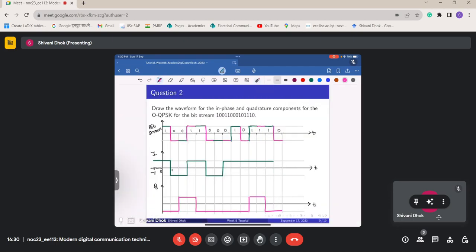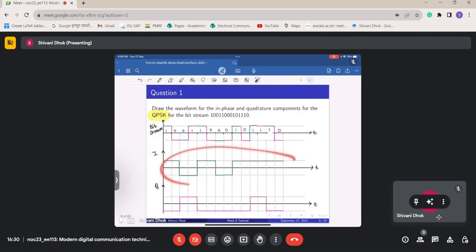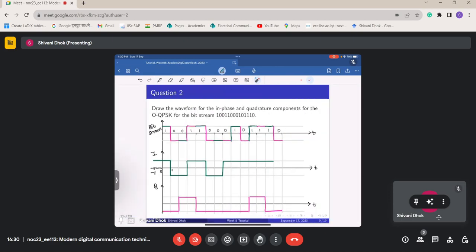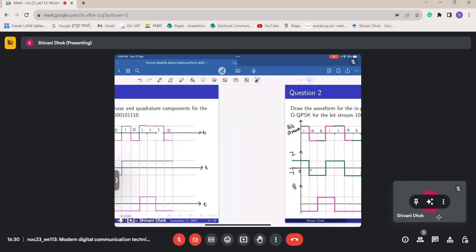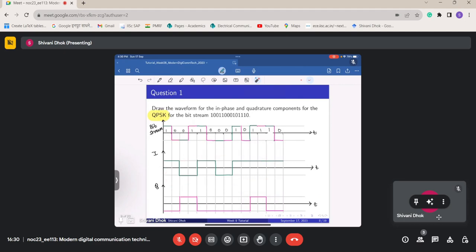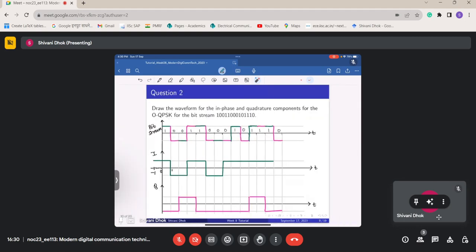Now if you observe these two waveforms, the only difference that you can see is in this in-phase waveform. If you compare it with this one, we can clearly see that this waveform is basically a shifted version of this. If I shift this entire waveform leftwards by 1 unit, I'll get exactly this waveform.